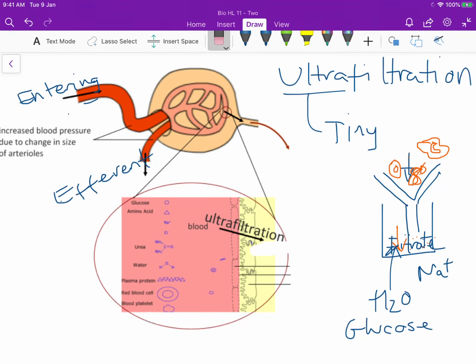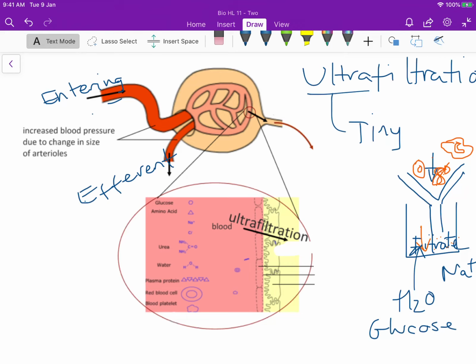And what does that do? Well, because we've got a larger blood vessel entering in the form of the afferent arteriole versus the smaller efferent, we get an increased pressure pushing out. And that's going to help in ultrafiltration.